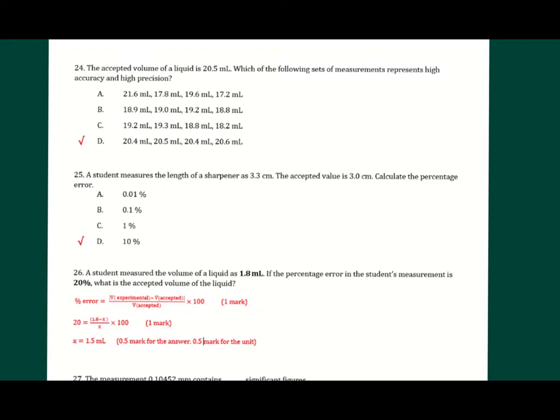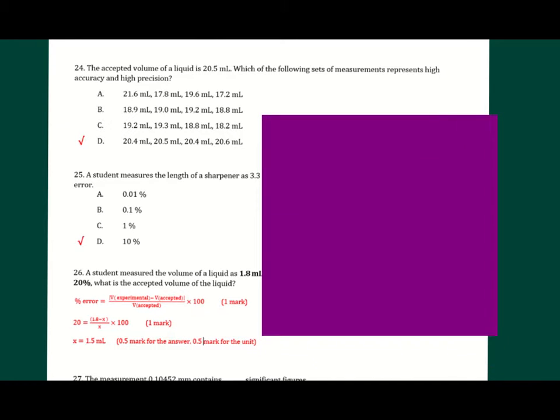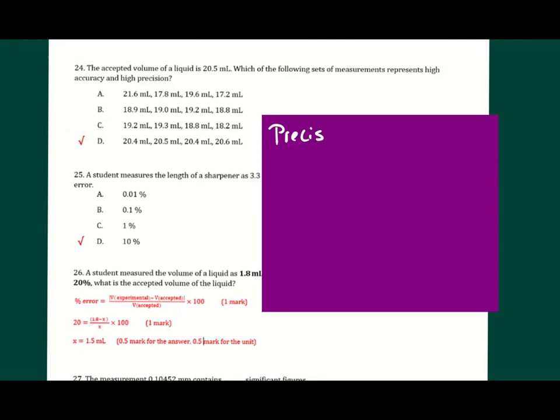The following questions are about precision and accuracy. Remember that a precise measurement means the measurements are close to each other.